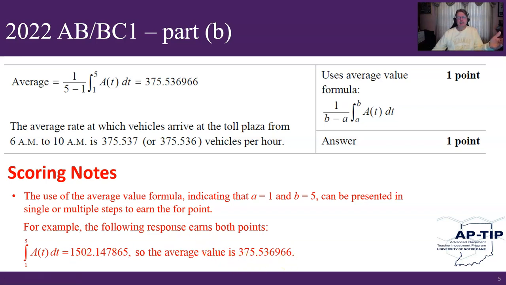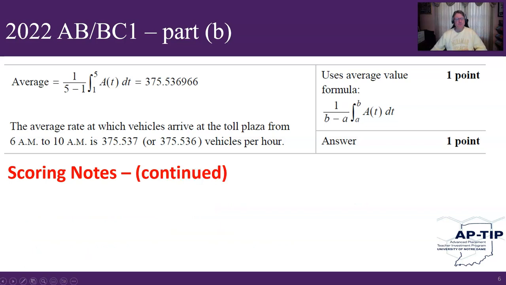Well, we look at that and we know that the way that they got from one response to the other was to divide by 4. It's not explicitly written, but we're going to understand that that was the student's intention. And we're going to go ahead and award both points for a response such as that. So that's an example of it being presented in like a single sort of invisible step that we don't quite see on paper.